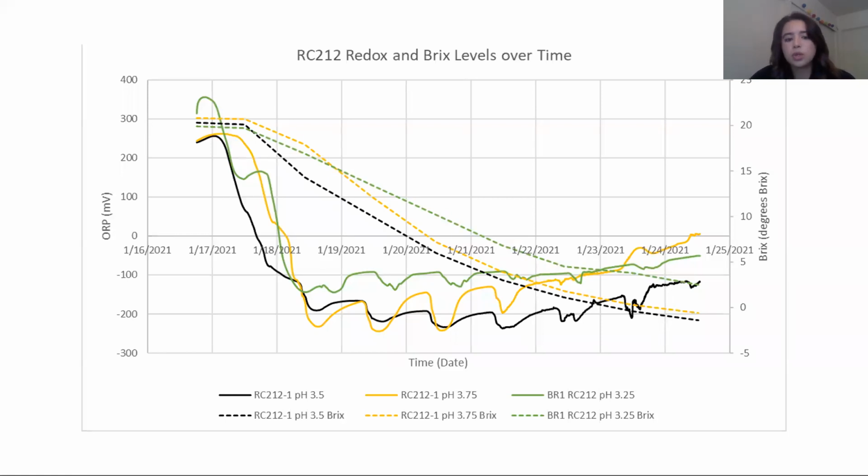We also see that towards the end of fermentation, the one at 3.25 is at a more positive level than the other two. While they're rising from this low point, this is still higher. The 3.5 and 3.75 fermentations finished in about 7 days, and the one at 3.25 took 15 days to complete.